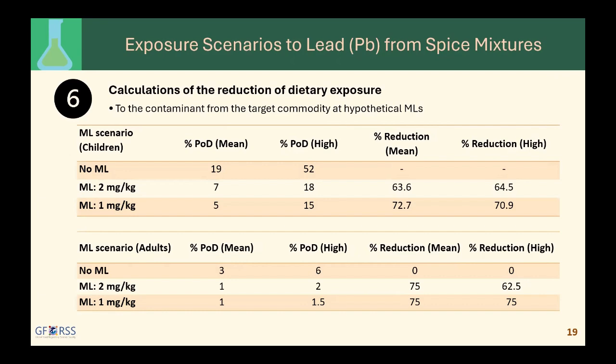But if I go to an ML of 1, now, sorry, I'm speaking French now, I will be contributing 5% of my POD, right? 5%. If I take this situation alone, protecting the consumer, which ML would you pick?